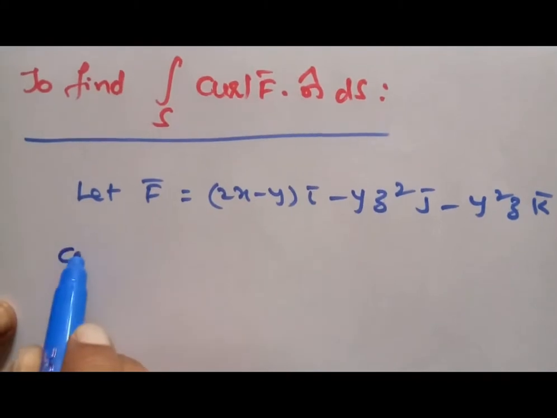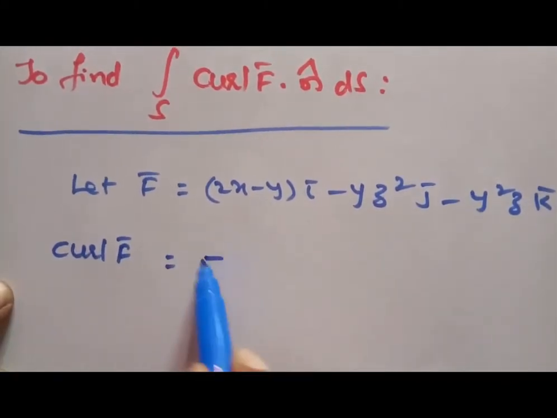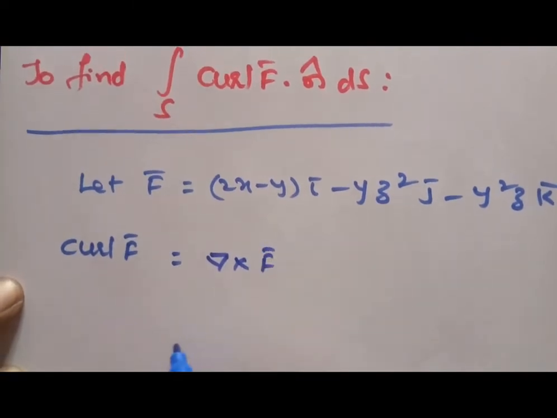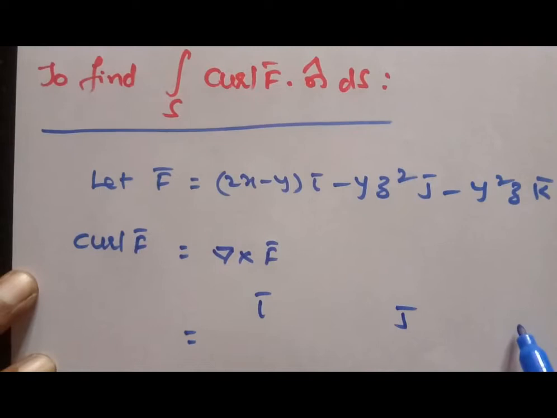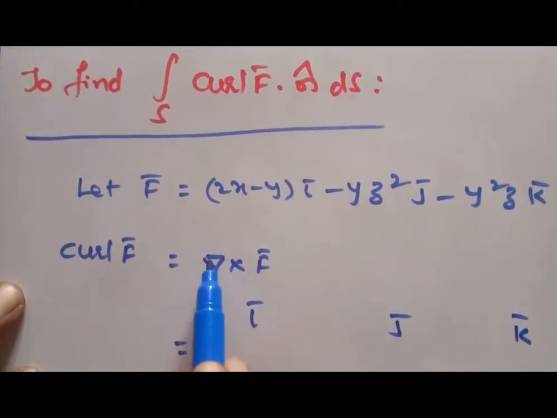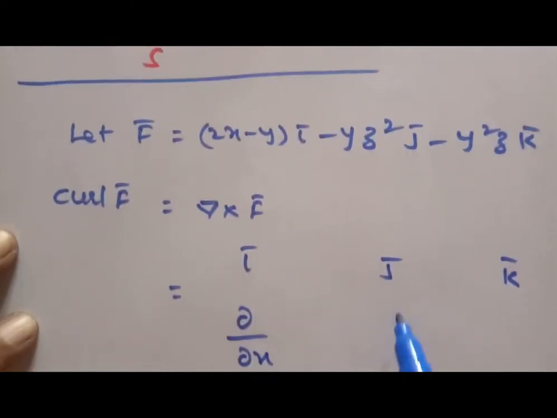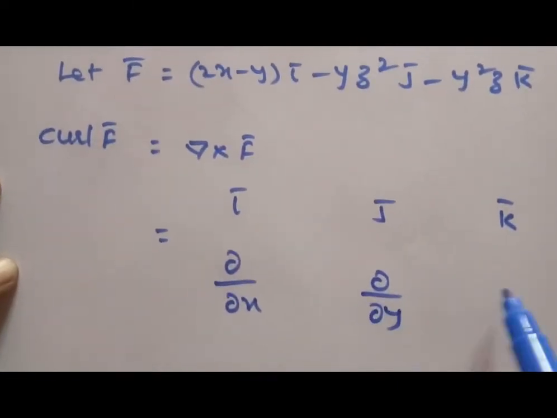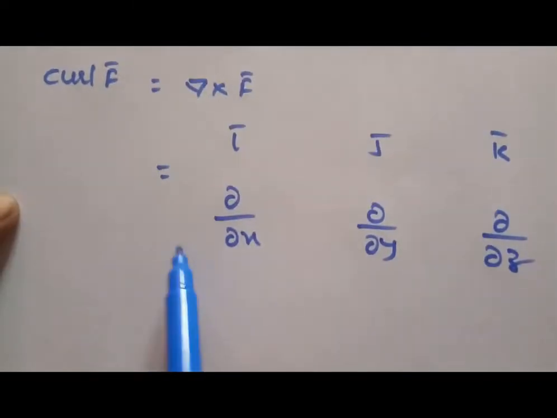Now curl F bar is equal to del cross F bar. That means the determinant of i bar, j bar, k bar, and components of del: i bar component dou by dou x, j bar component dou by dou y, k bar component dou by dou z, and components of F bar.